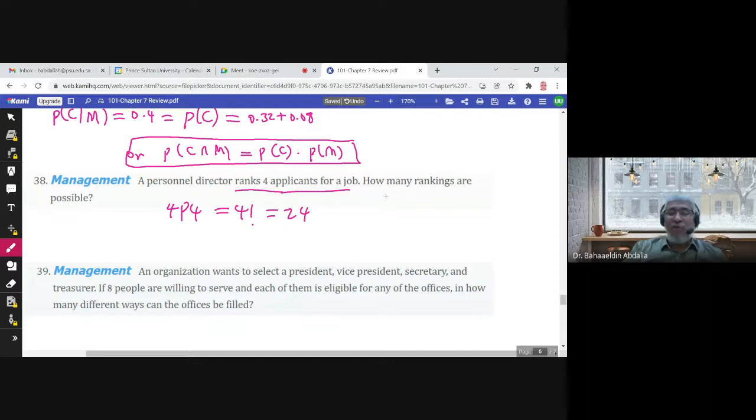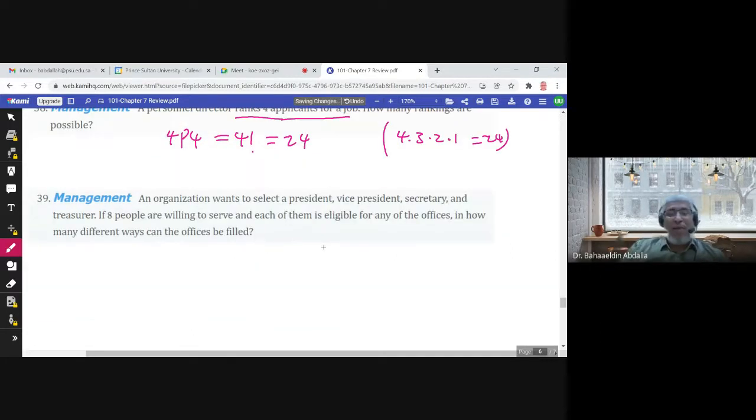If you want to solve it using the product principle, or we call it the MN principle, think of the first applicant and how many ways you can rank him. 4 ways. The second applicant now 3 ways. The third, to the last one. So it's 24.